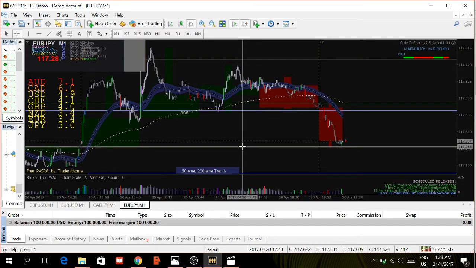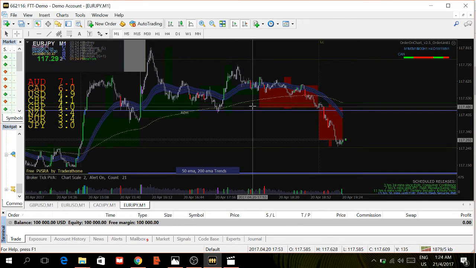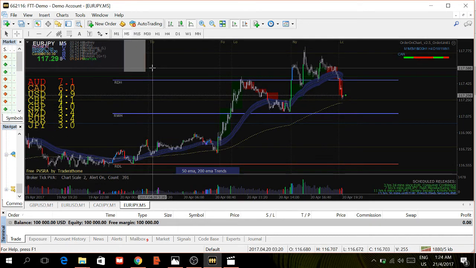Let's continue the explanation. When you have 117.250, that would be a quarter. So a quarter key level, a half key level, and when you go all the way up, let me change to M5.